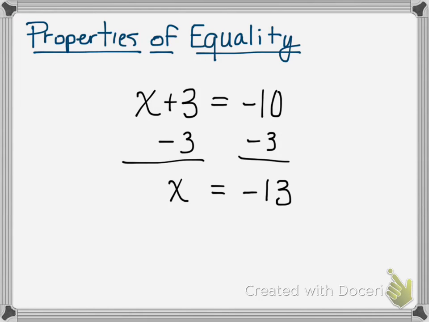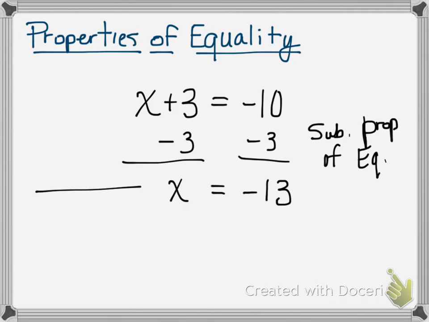So I used the subtraction property of equality, which says if I subtract the same number from both sides of the equation, I will still have a balanced equation. I'll have a new equation.